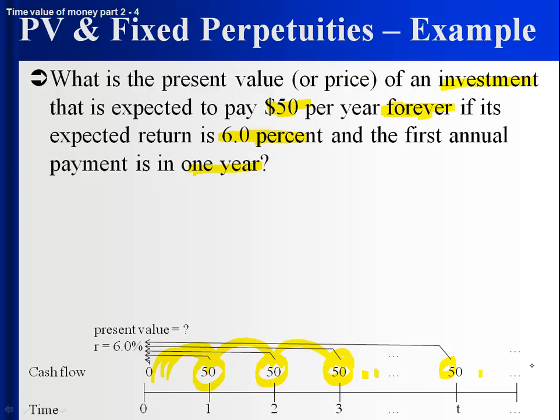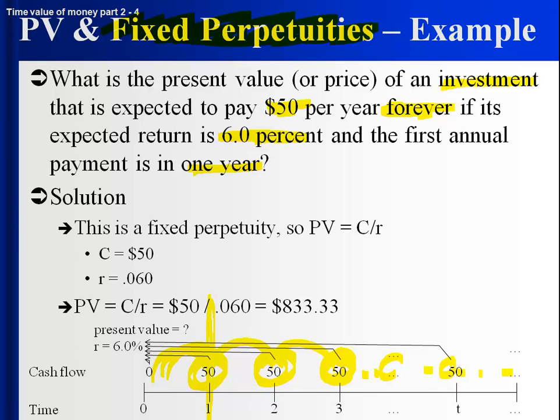But we recognize this is a fixed perpetuity: fixed cash flows every year forever with the next one in one period. So we know that the value is simply equal to C over R, which is 50, our cash flow that takes place forever and starts in a year, divided by R. So the value is 833.33.